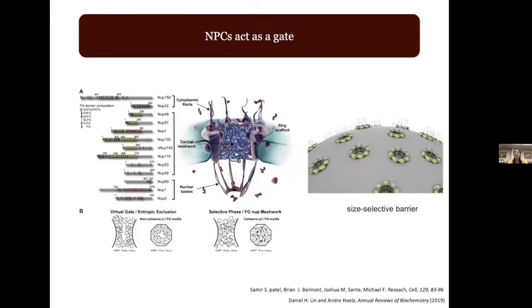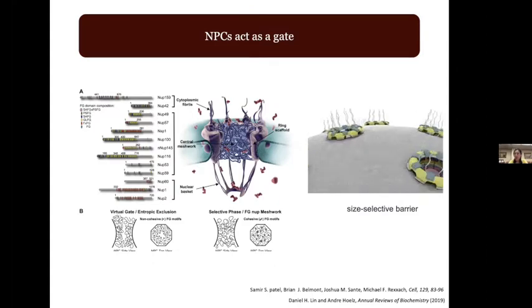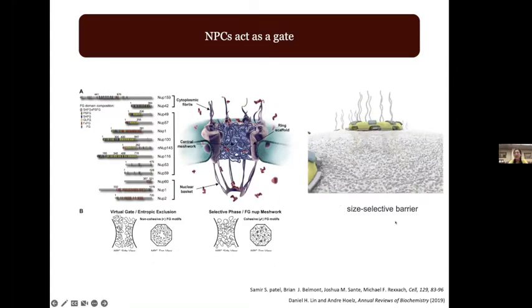These nucleoporins contain a lot of filaments and glycine-rich motifs. These motifs are quite flexible. By projecting these flexible motifs into the central channel, the nuclear pore complex acts as a diffusion barrier. We also call this a size-selective barrier.